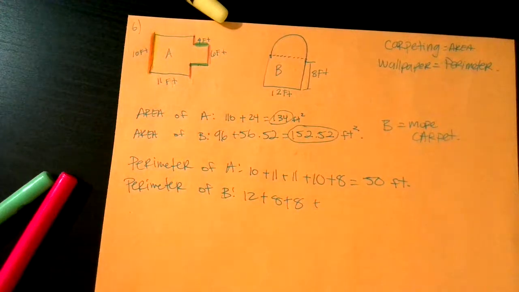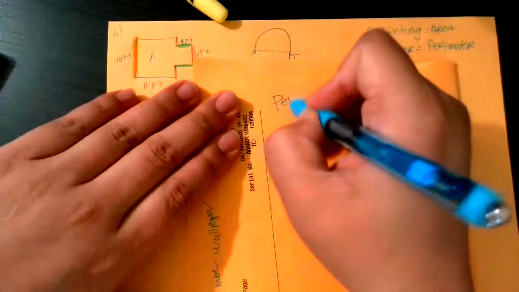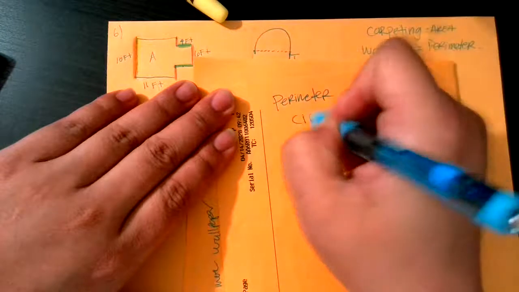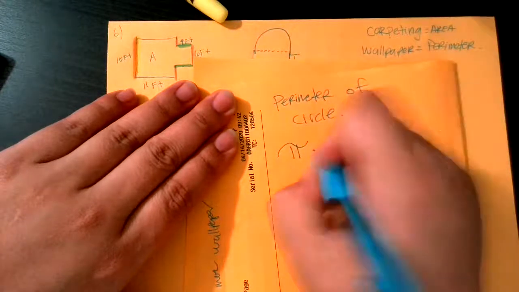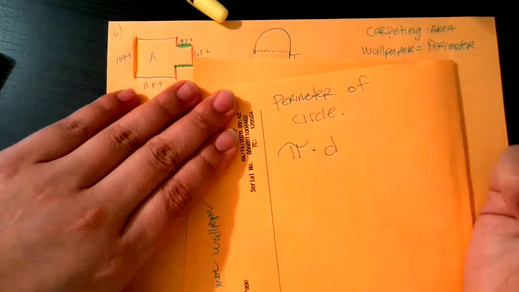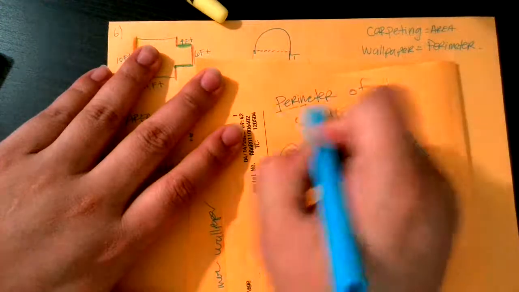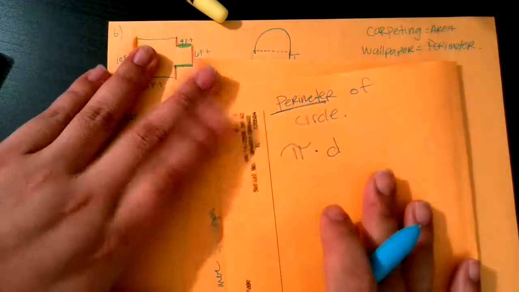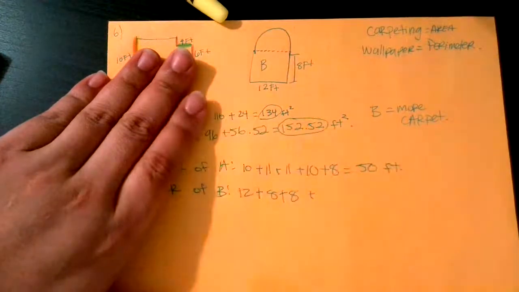The perimeter of a circle is pi times your diameter. That's it. And also, fun fact, the perimeter of a circle is called a circumference, but I just called it a perimeter in this one. So the circumference of this circle is pi times diameter.